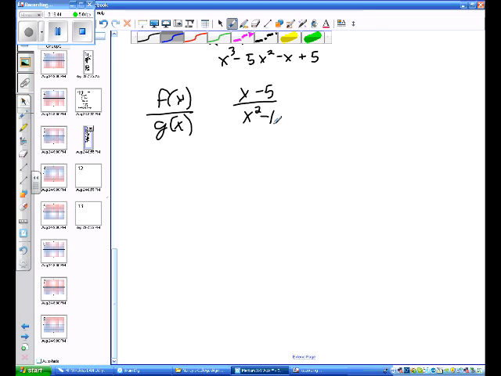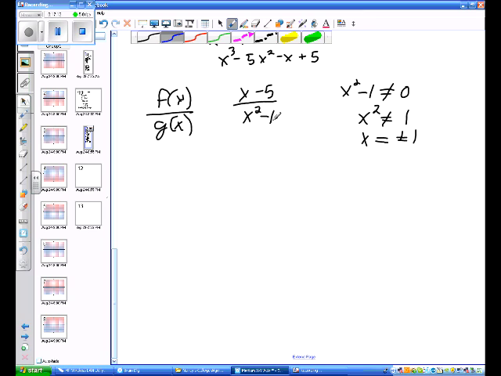Now, before we go on, we're going to have to limit our domain. And that means that x squared minus 1 cannot equal 0 because it would be in the denominator. Adding 1, x squared cannot equal 1. Taking the square root of both sides, x cannot equal plus or minus 1. So our domain on this one would be limited.